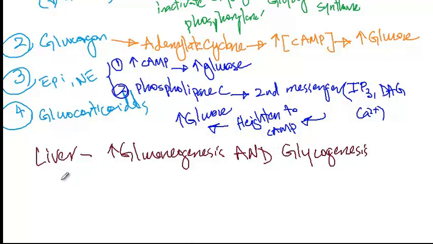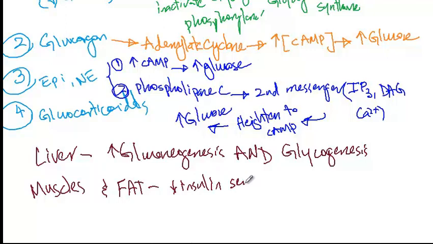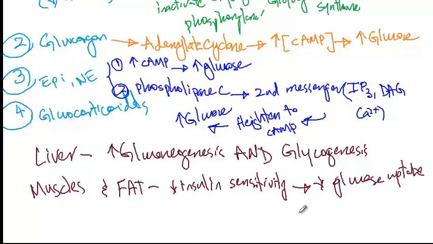But if you're talking about skeletal muscles and adipose tissues, so muscles and fat, the glucocorticoids decrease insulin sensitivity, and therefore they decrease glucose uptake, and glycogenesis is also reduced.